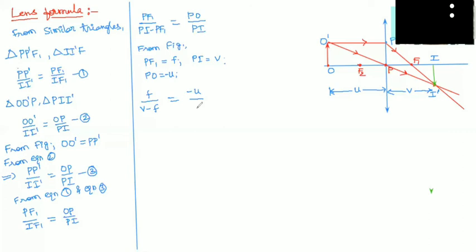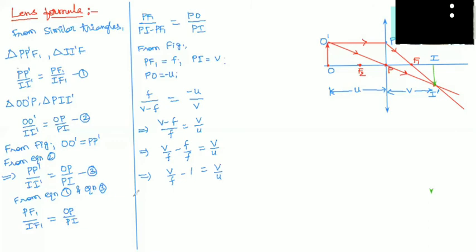Now here I am taking the reciprocal of all this. That means (V minus F) by F is equal to V by minus U. Now for this, if you write V by F minus F by F is equal to V by U, so this V by F minus 1 is equal to V by U we get.